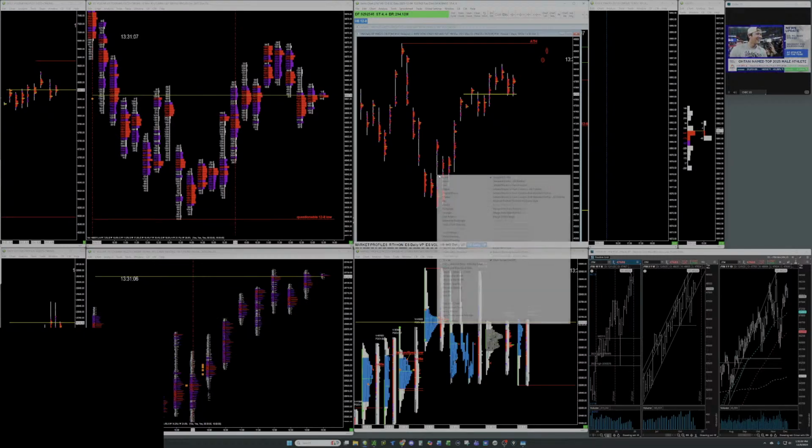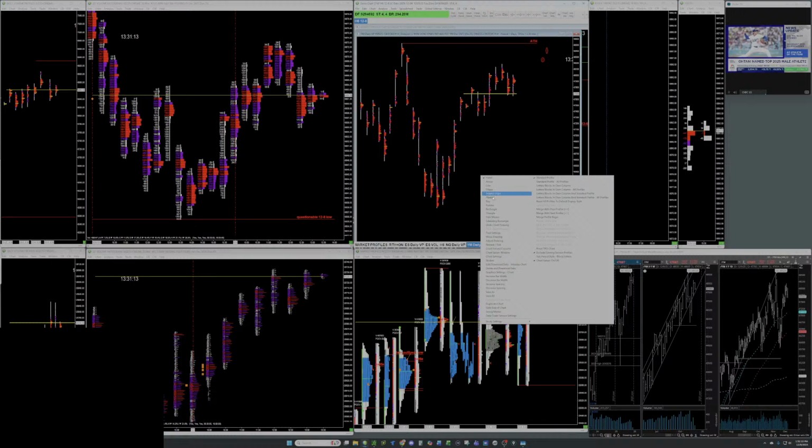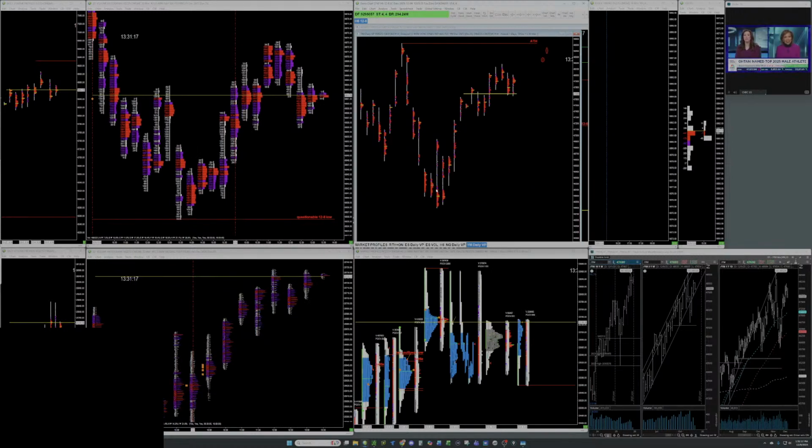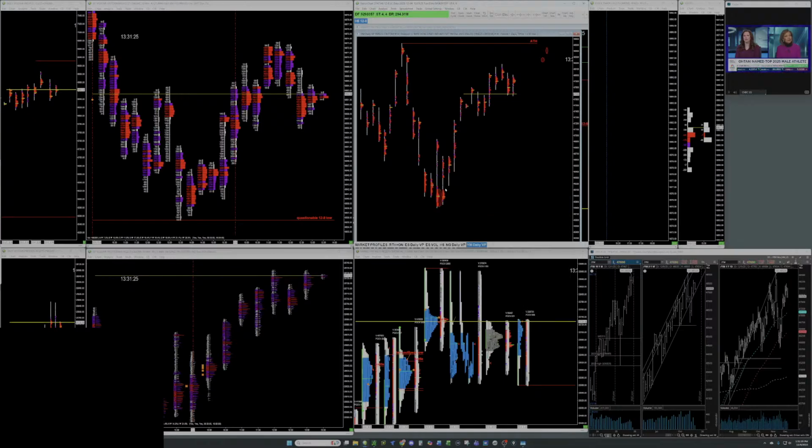This is pretty interesting. This is a nice market here. This is wider. As you can see here, I'm going to merge these two days.